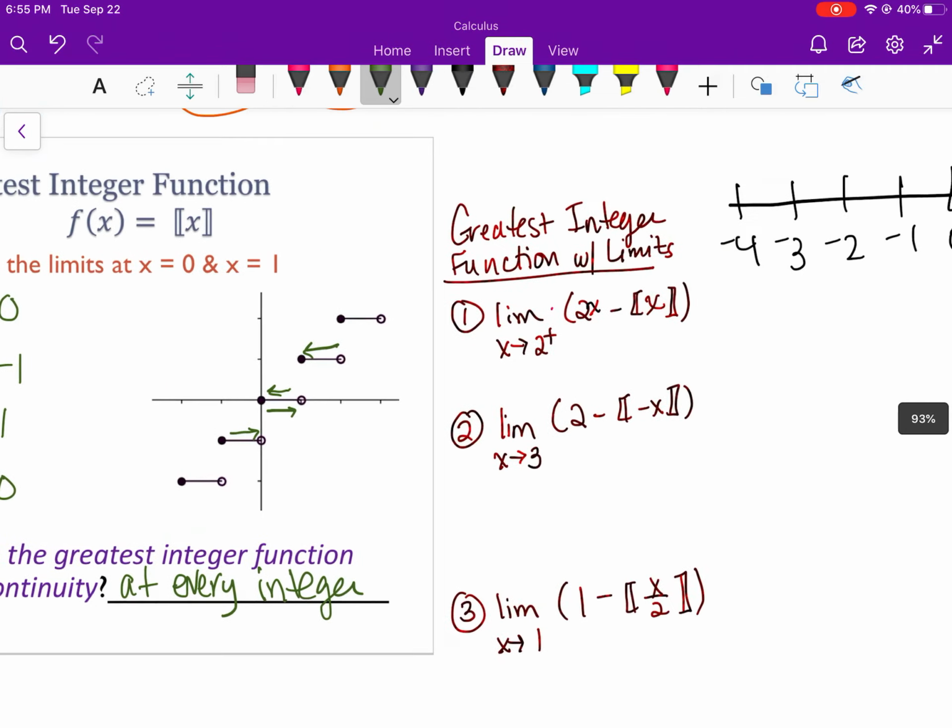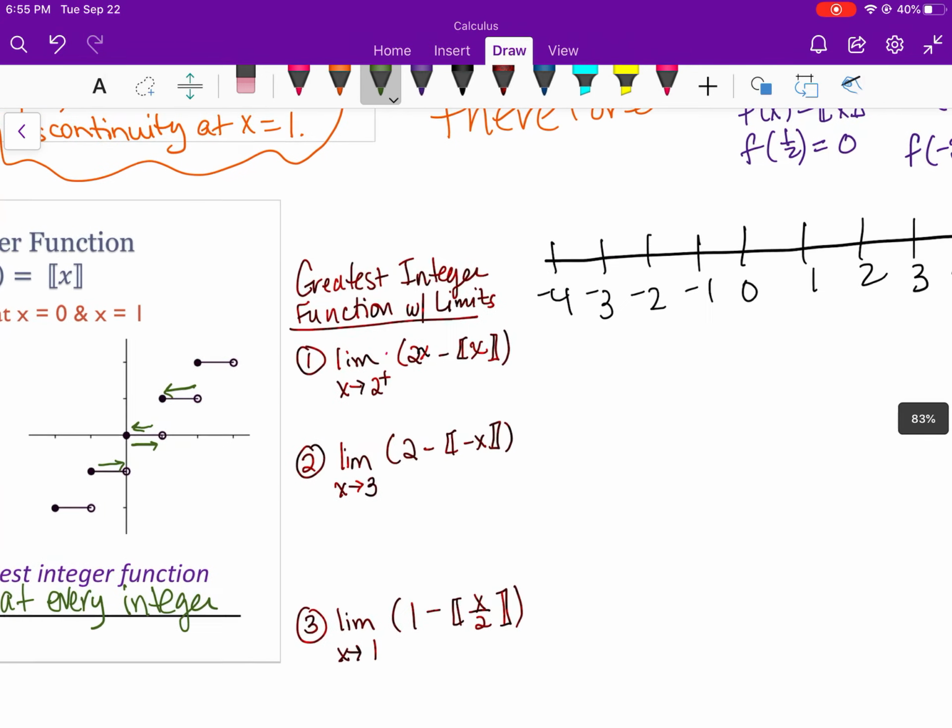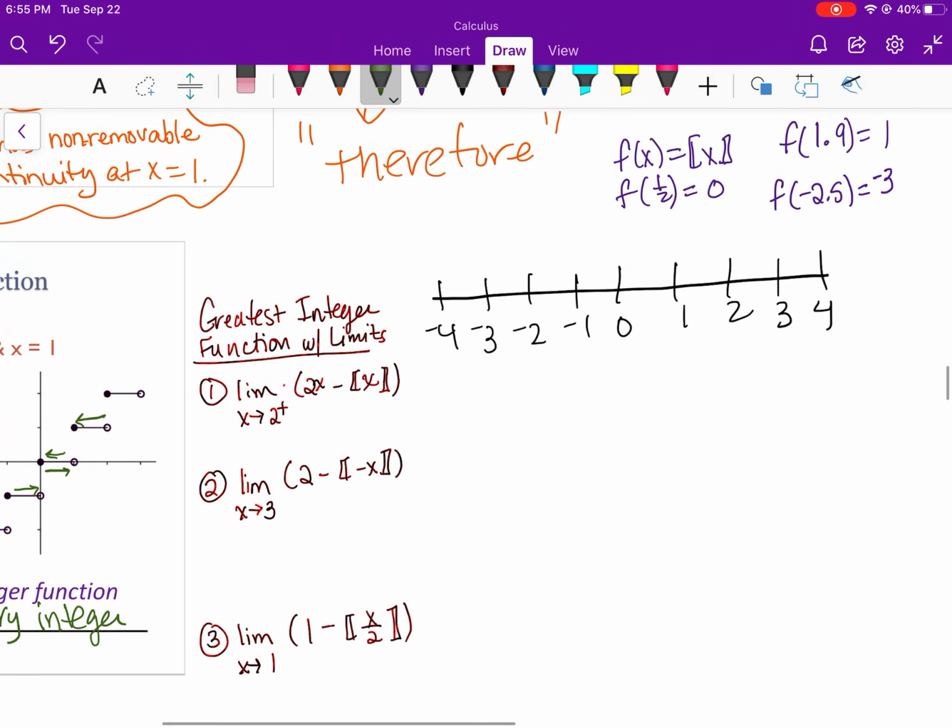Now when we go and apply that idea to limits, and this is part of what you're going to be doing in your practice problems, we need to be a little bit careful. This one says we are going to find the limit from the right side of 2. And so what I'm going to do first, let's just split this up.